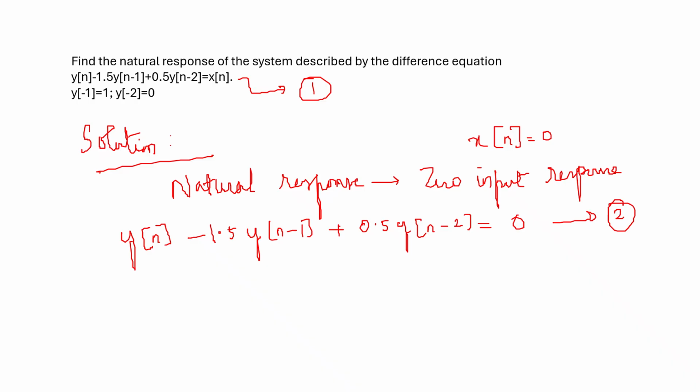In general form, if you have a difference equation, the solution of this homogeneous equation will be of the form yh of n equal to lambda power n. So taking that into account, equation 2 can be written as lambda power n minus 1.5 lambda power n minus 1 plus 0.5 lambda power n minus 2 equal to 0.